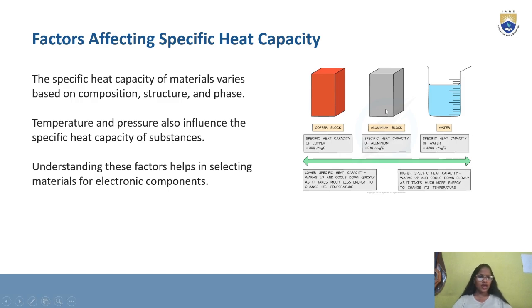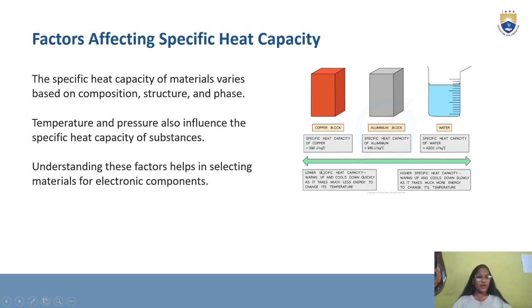Now, here we have the example that we got a copper block here and an aluminium block and also water. Now, we all know that the specific heat capacity of copper is 390 joule per kilo, and aluminium's specific heat capacity is 910 joule per kilo, and the water's is highest, which is 4200 joule per kilo.